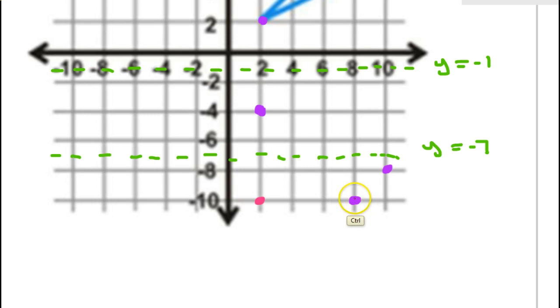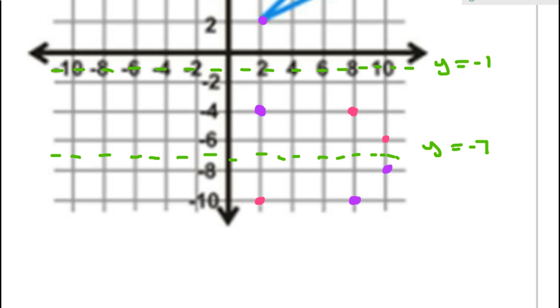This next point is 1.5 squares below the line, so I need to go 1.5 squares above the line, and that'll be the final answer. The final point is half a square below the line, so I'm going to go half a square above the line. So now these red dots will reveal the final answer.